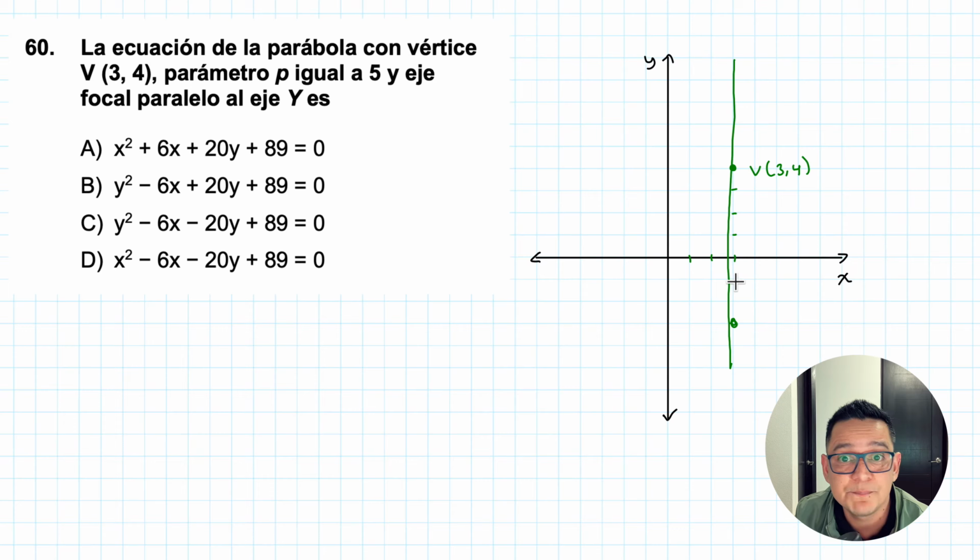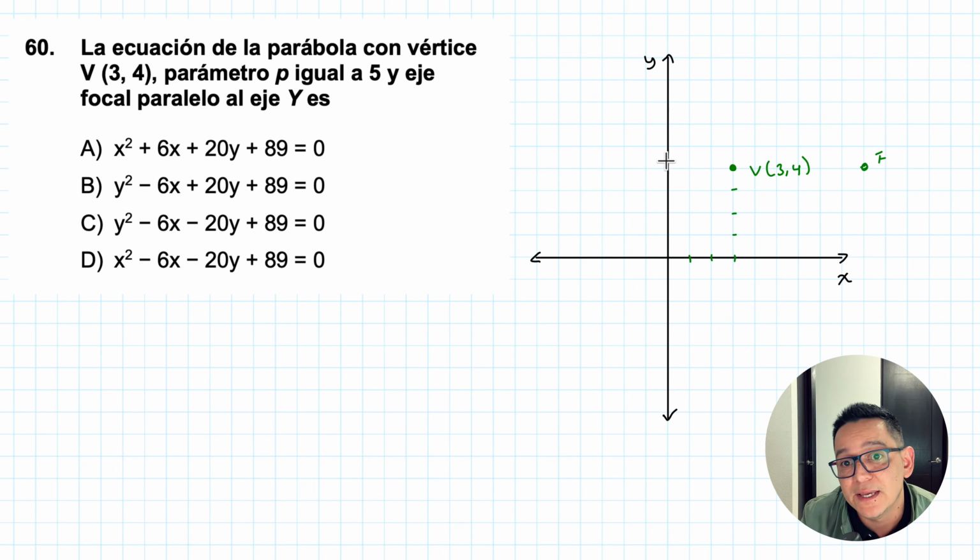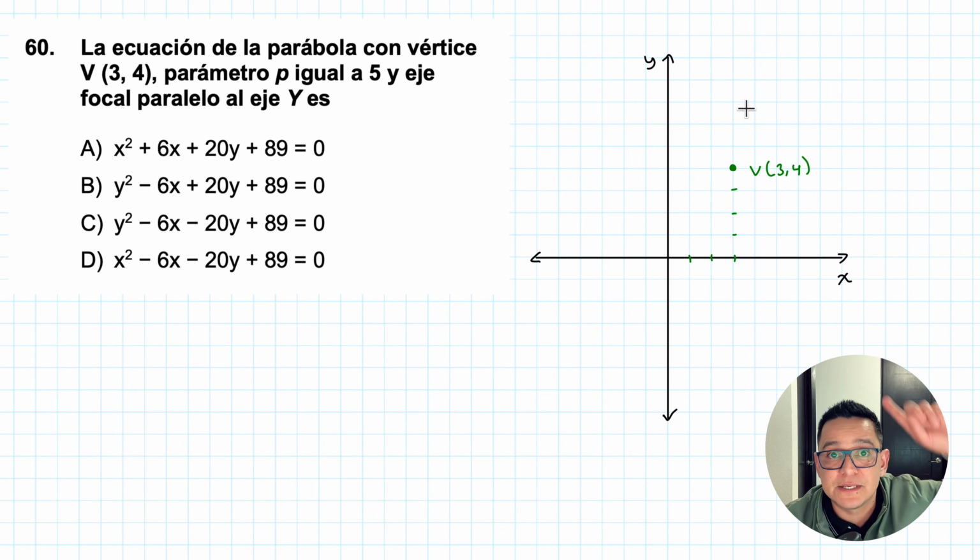As you can see, we would have the focal axis parallel to the y-axis, whether the focus is above or below the vertex. What would happen, for example, if I focused here? In that case, the focal axis wouldn't be parallel to the y-axis, and therefore, according to the information given in the problem, the focus has to be either above or below the vertex, so that the focal axis can be parallel to the y-axis. Are you following me with that?